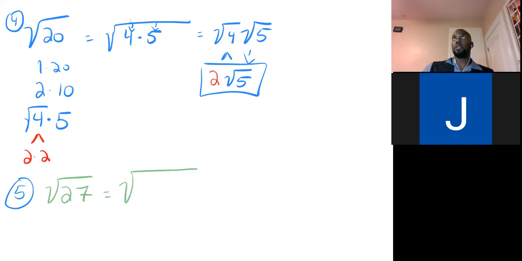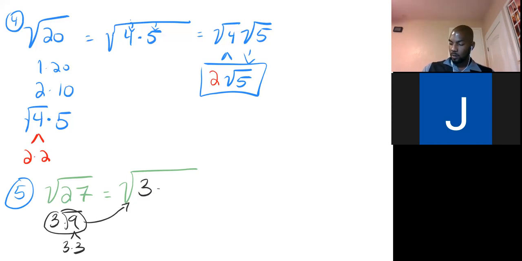1 times 27, 3 times 9, right? And 9 is a perfect square because you can do 3 times 3. So if my answer that's going in here is 3 times 9, I can now break it up using what I assume is the distributive property to go rad 3 times rad 9.